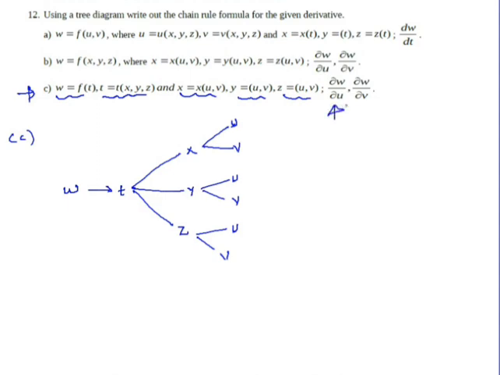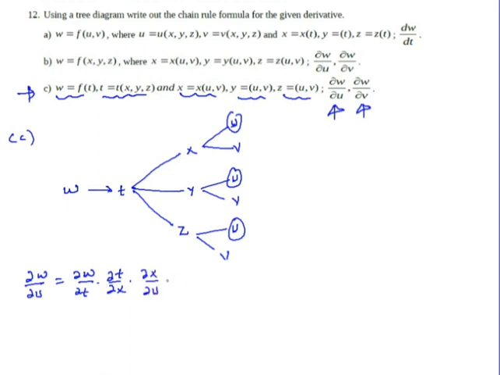Given this, we can answer what the partial derivative of w with respect to u and the partial derivative of w with respect to v look like. The partial derivative of w with respect to u: to reach u we have three paths. So we will have this chain rule: the partial derivative of w with respect to t times t with respect to x and x with respect to u, this is one path.